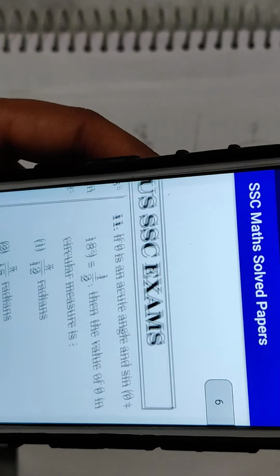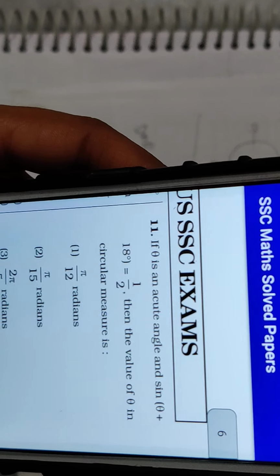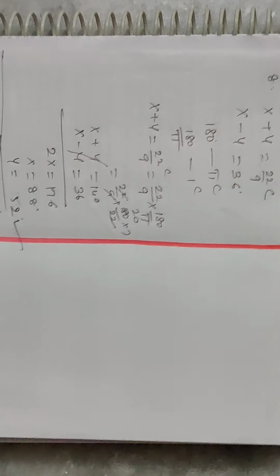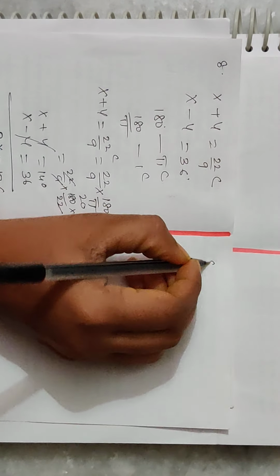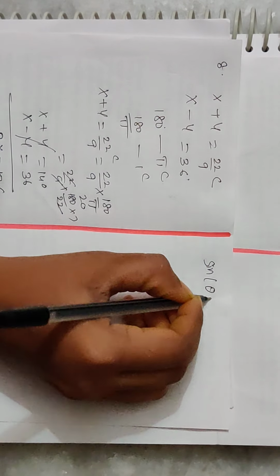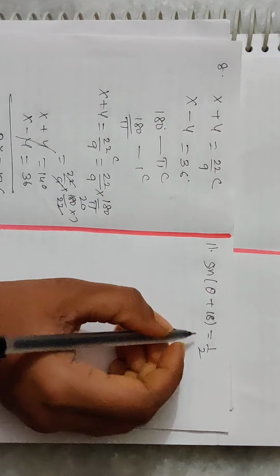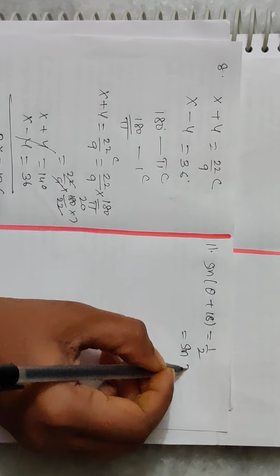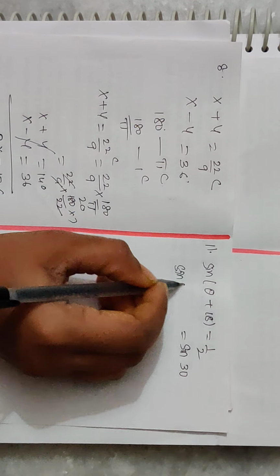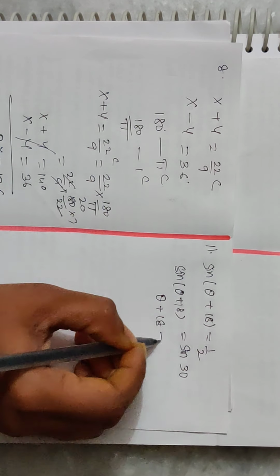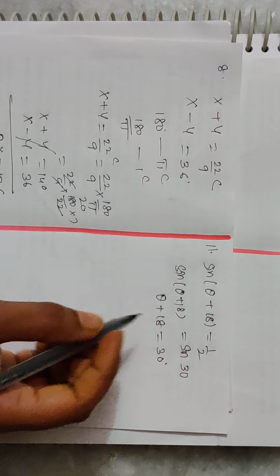Now going to the 11th question. If theta is an acute angle and sine of theta plus 18 degrees is half, then the value of theta in circular measure. Sine of theta plus 18 is half. Half means sine 30 is half. So theta plus 18 is directly equal to 30 degrees.